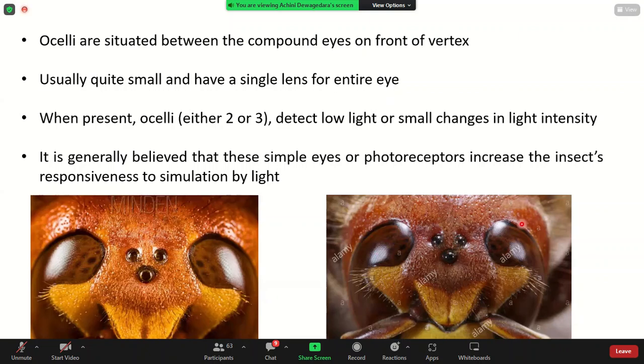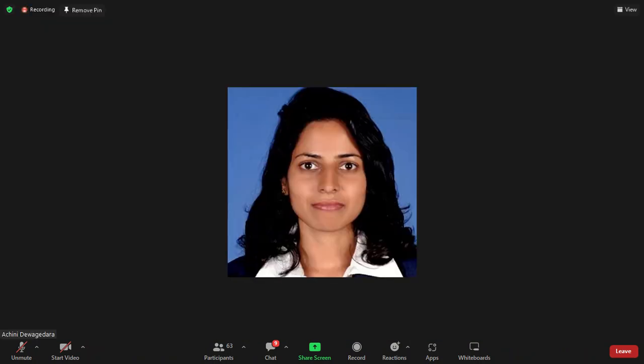Using both light detectors and movement detectors, they get the idea about the environment. That is how people believe, right? So I will share the video clip about the insect eye.